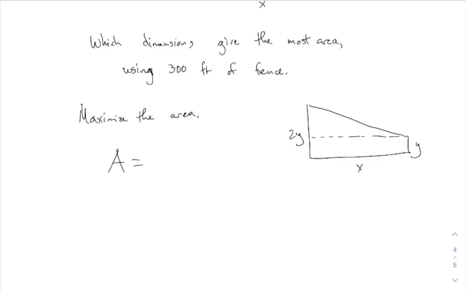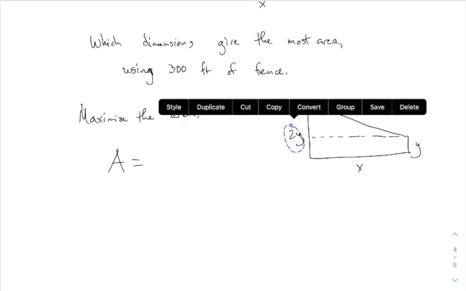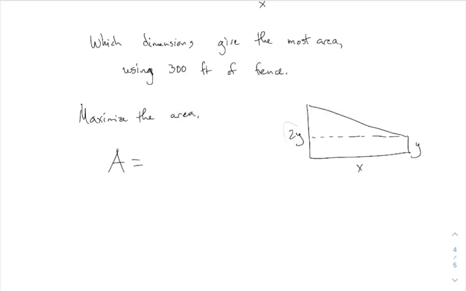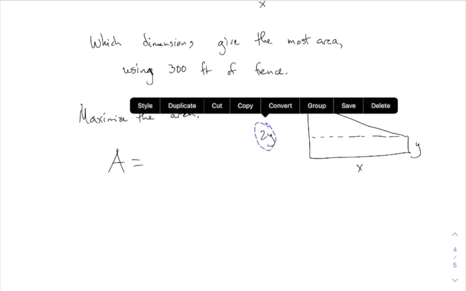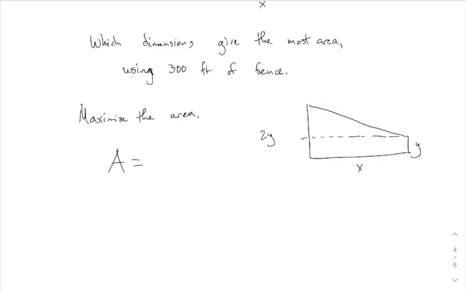If we do that, then of course the whole left side is length 2y, but can we say what each of these little lengths are? Like what's that height on the bottom there? It's y. Yeah.